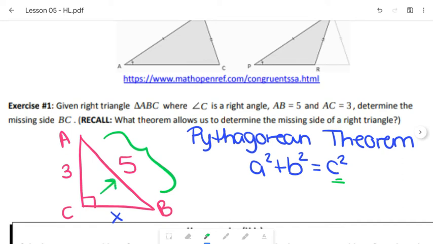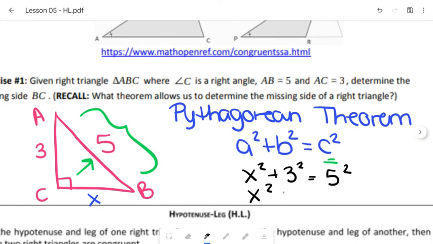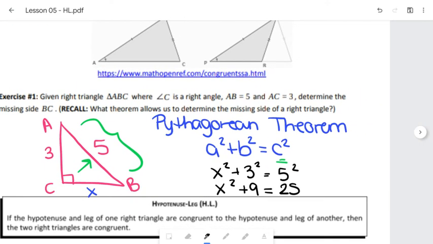It doesn't matter which one we use for which. So we could plug in here. We would have x squared plus 3 squared equals 5 squared. We'd be looking at x squared plus 9 equal to 25. We would get x squared equals 16. And when I take the square root of both sides, x would equal 4.